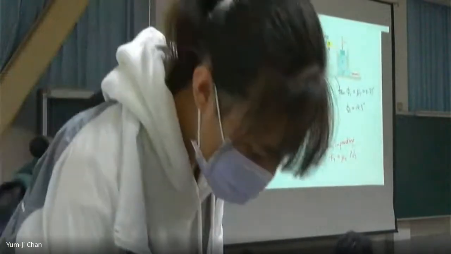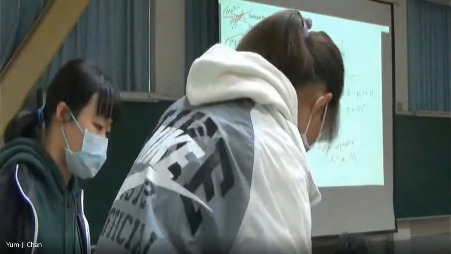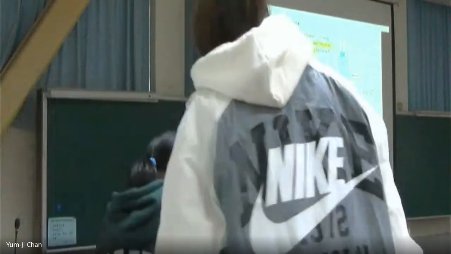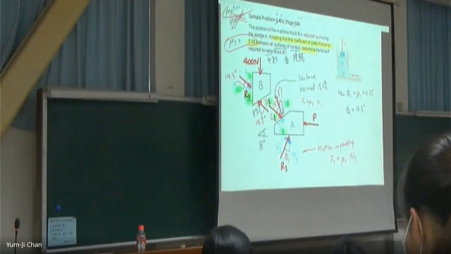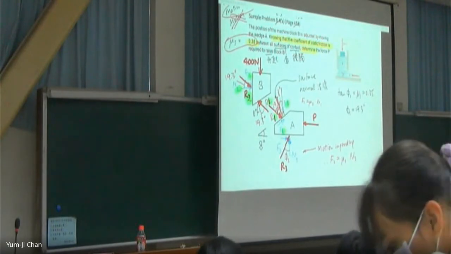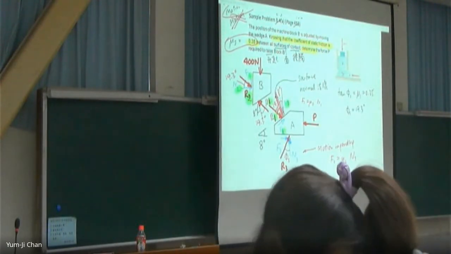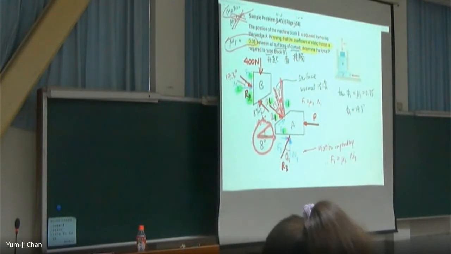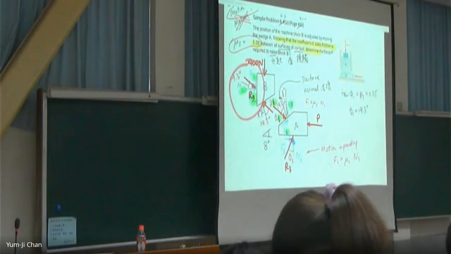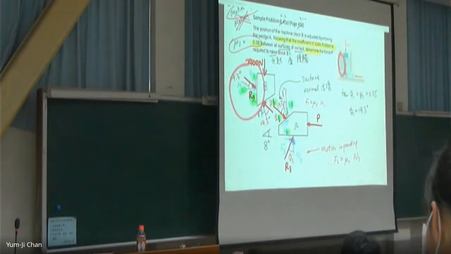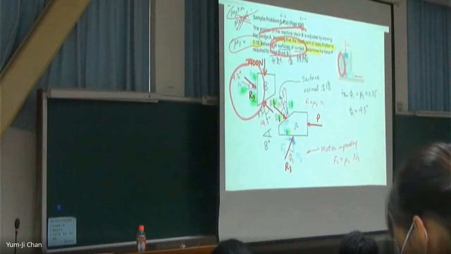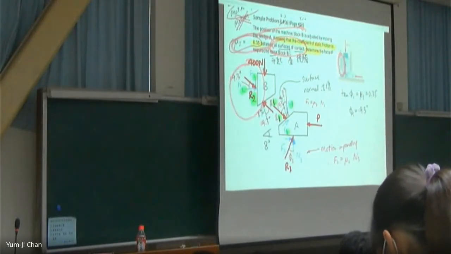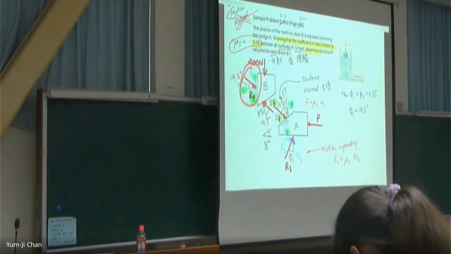And for the last one, remember that the angle is related to the surface normal, not to here, because this angle is 8 degrees. For the last surface, because this surface is in contact, it has a mu s of 0.35.